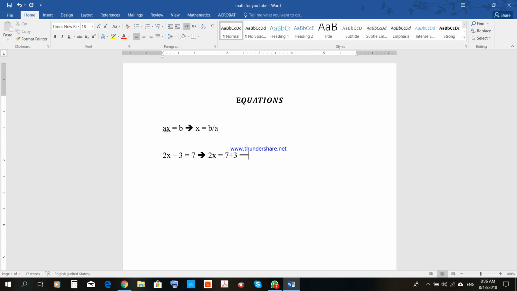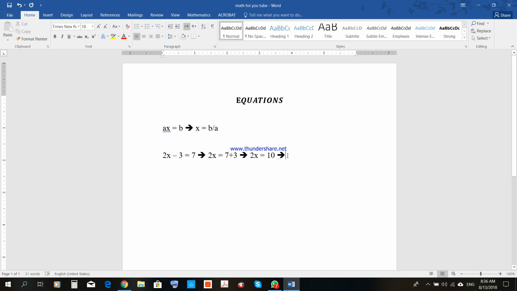So this is the answer: 2x equal 10, and now we will divide the number by the number that multiplied by x, which is 2.